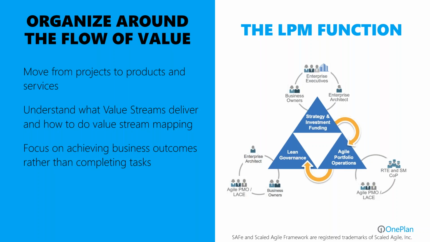Second, agile portfolio operations. That's your day-to-day, month-to-month, quarter-to-quarter running of the portfolio, as a PMO might do today. And finally, we have lean governance, which is how we make decisions periodically to make adjustments. That's where the agility and flexibility comes in.